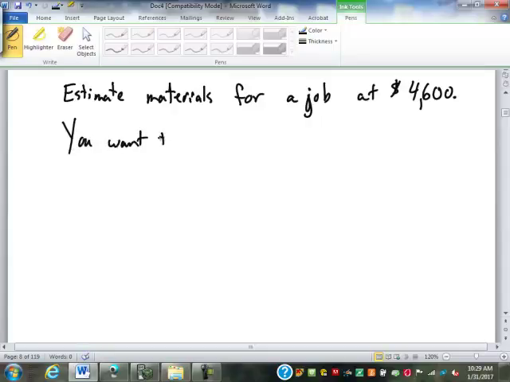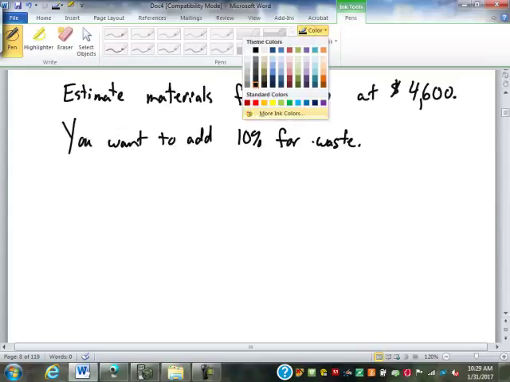You want to add 10% for waste or error or whatever. Just a 10% cushion. So how much would you charge?